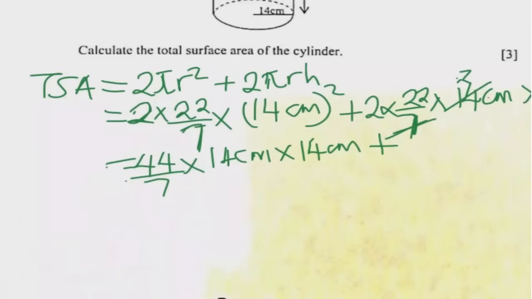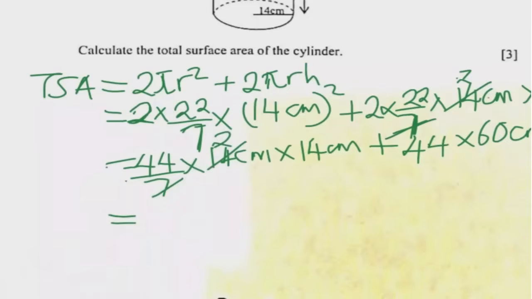So we have 44 times 2 times 30, that will give us 60 centimeter squared. Then here 7 and 14 will give us 2.